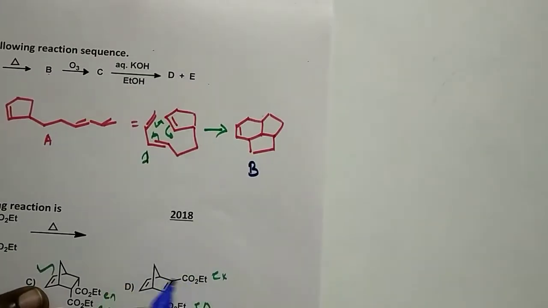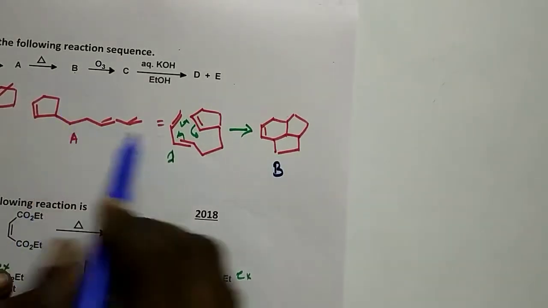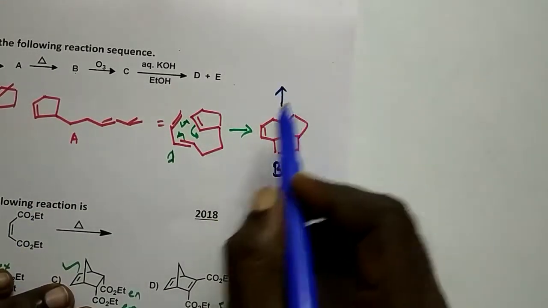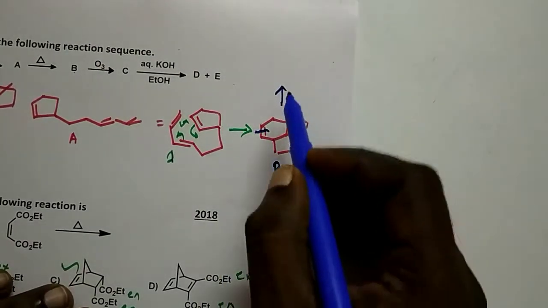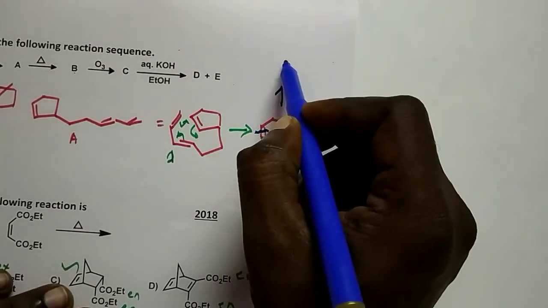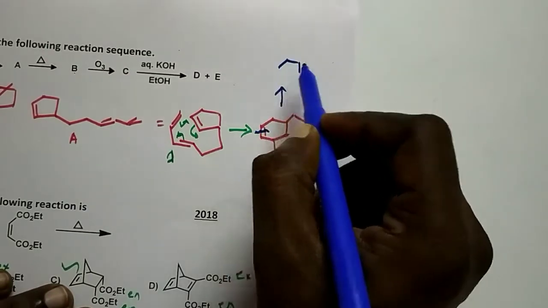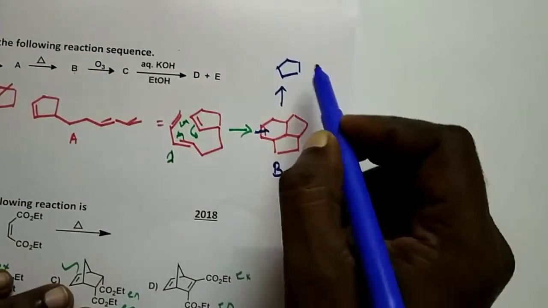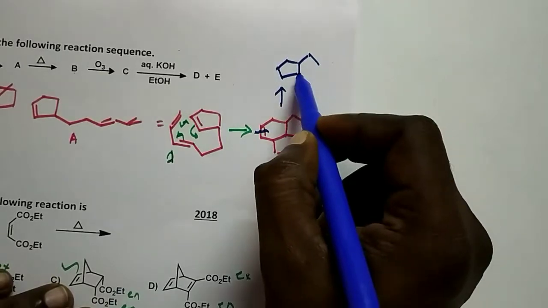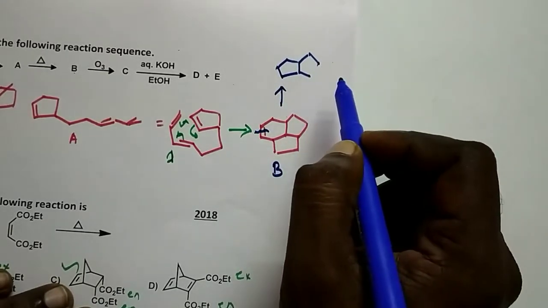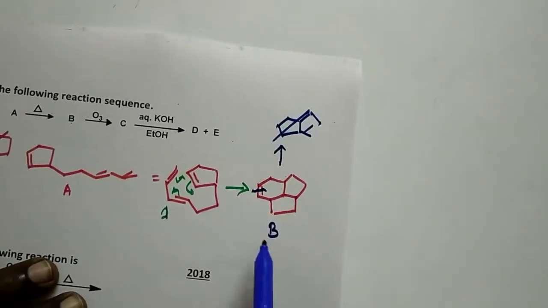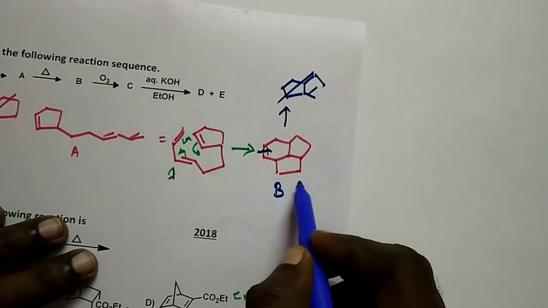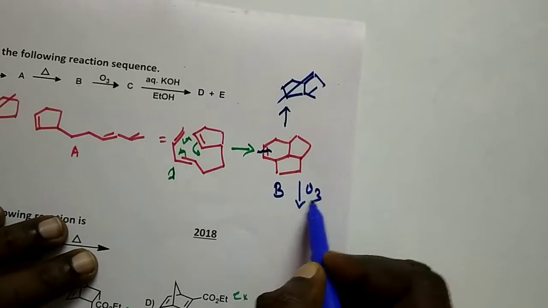What is the next step? This is compound A, this is compound B. The next step is ozonolysis. What can ozonolysis give? Ozonolysis breaks this bond. So you get what? You get a compound after ozonolysis.